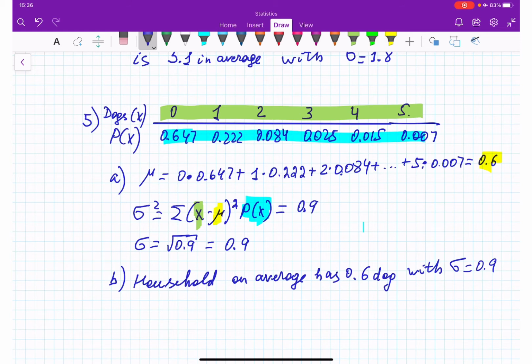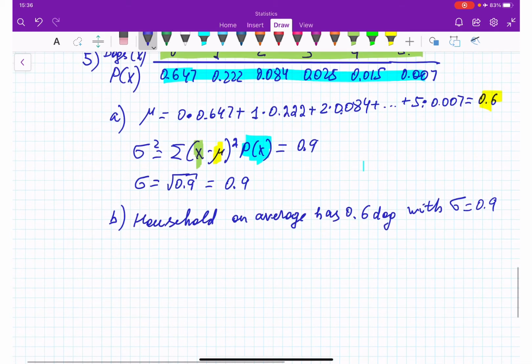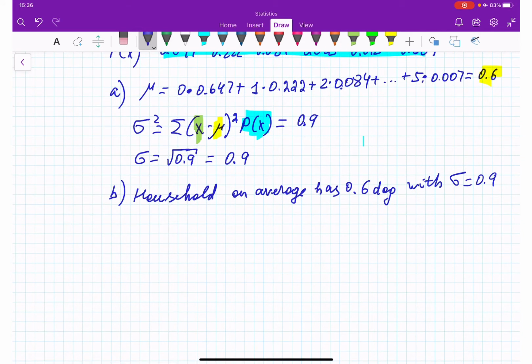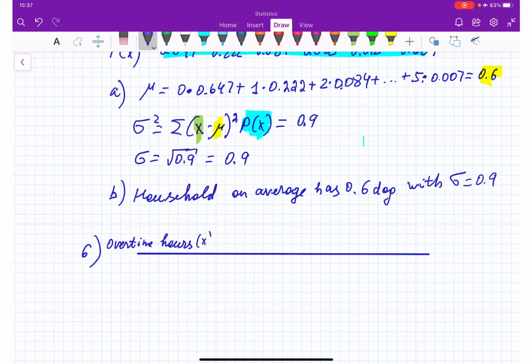Question number 6. We will do one more similar problem. So here we're going to deal with overtime hours. I'll put this as X. And here we have probability.